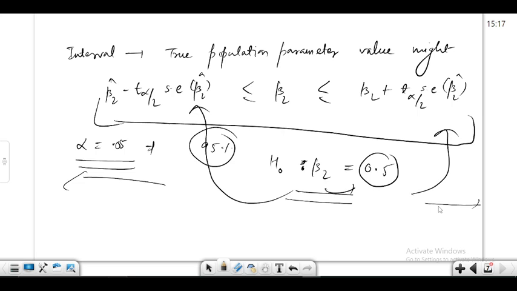This is the confidence interval approach. You have to check whether the true population parameter value is lying in the created interval range or not. If it's not, then you reject the null, and if it is lying in that range, then you do not reject the null. This is how you test the hypothesis via the confidence interval approach.